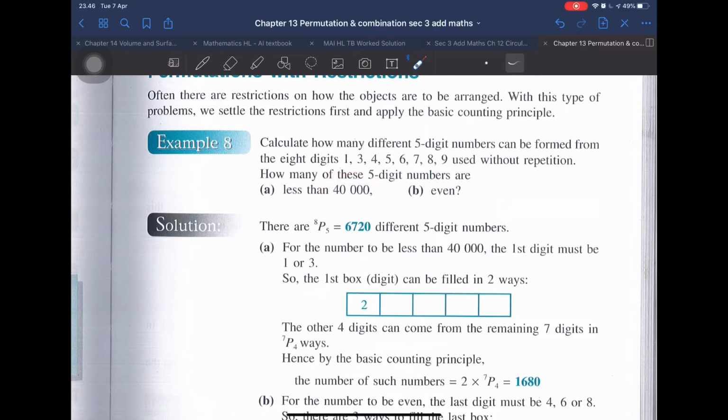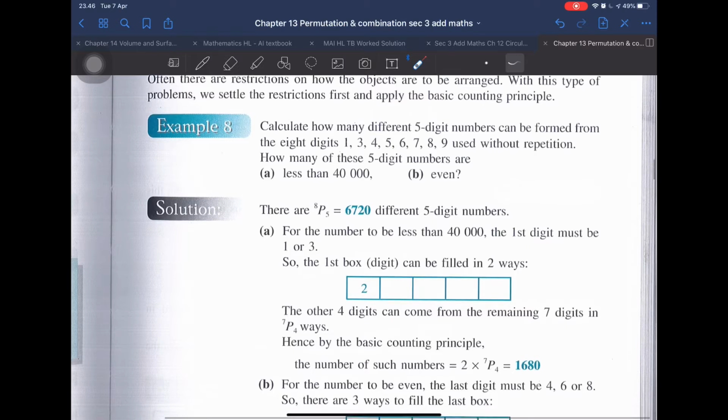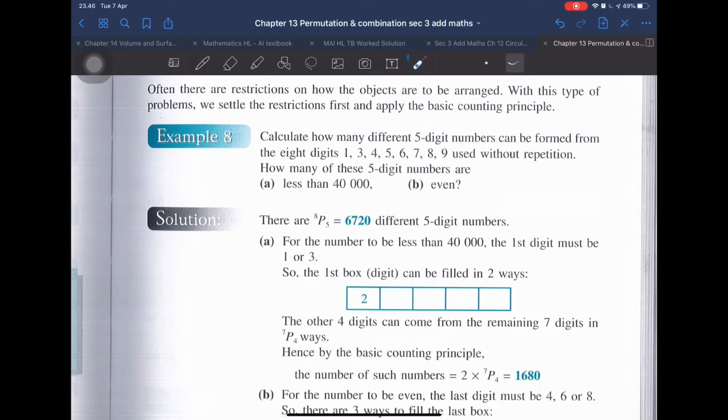So the first digit cannot be 5, 6, 7, 8, and 9. Because if it's 5, it's going to be 50,000. And 4 also cannot because it's going to be 40,000 something. So the only possibilities are number 1 and number 3.